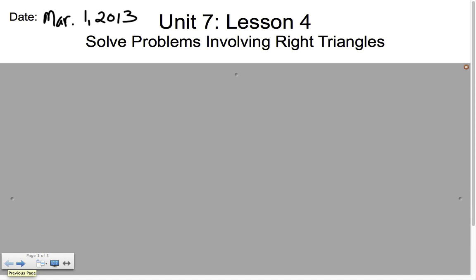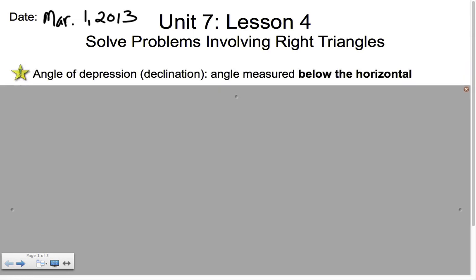As you encounter some of these problems in the textbook, there's a couple of definitions that you need to be aware of. So write down these definitions.